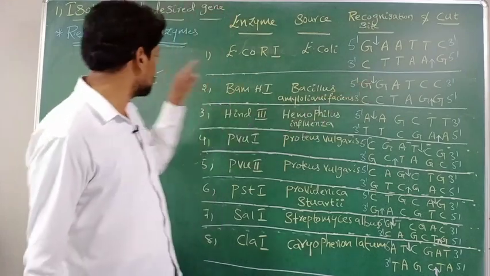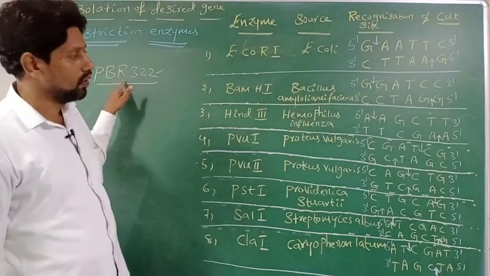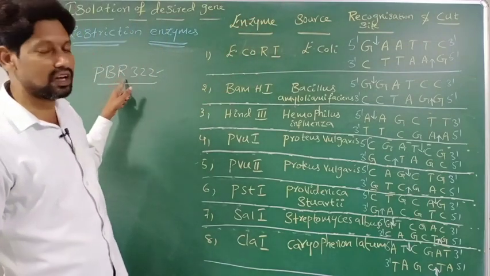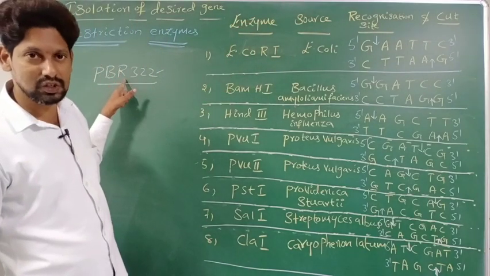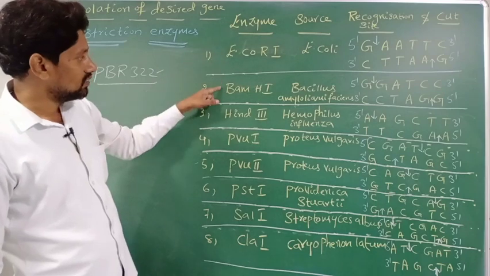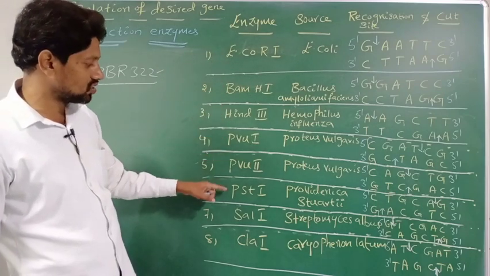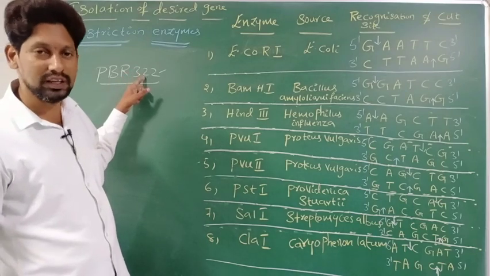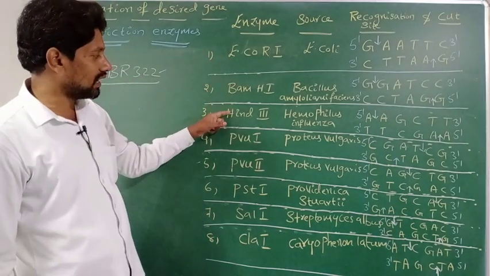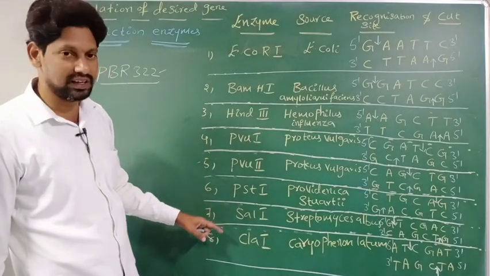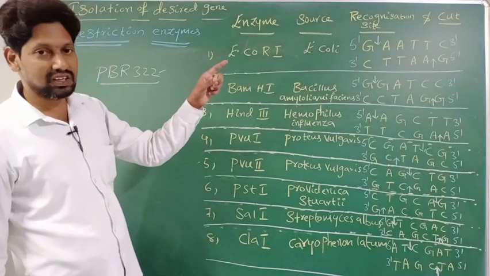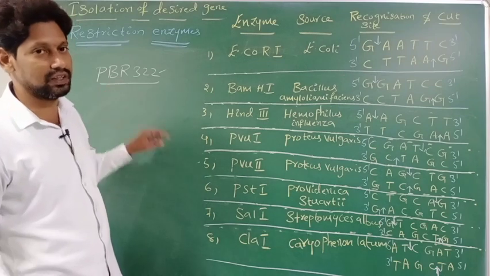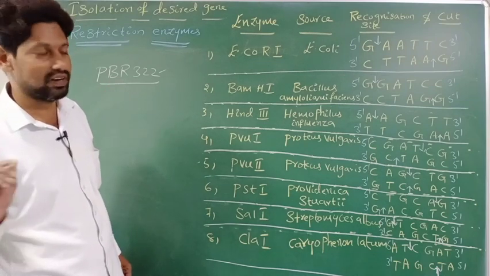That specific site should be on pBR322. Therefore, the recognition site of BamHI is on pBR322. Is it okay? These 8 types of restriction endonucleases can act on pBR322, which means their restriction sites or recognition sites are present on pBR322. Is this statement okay? Right.